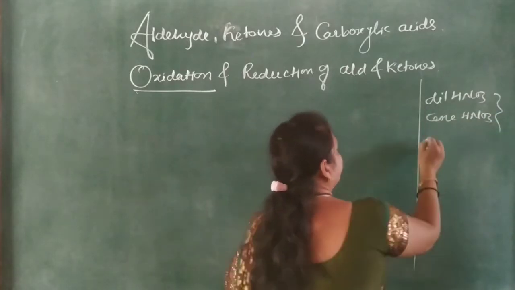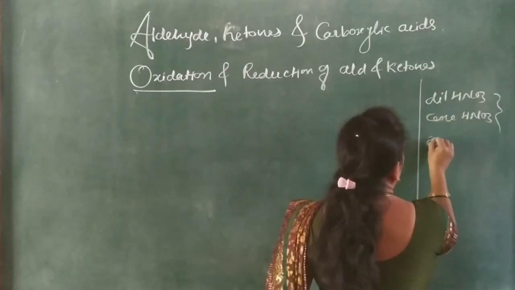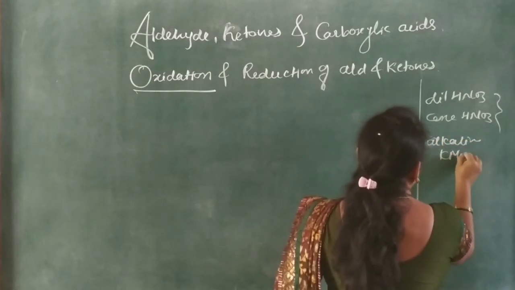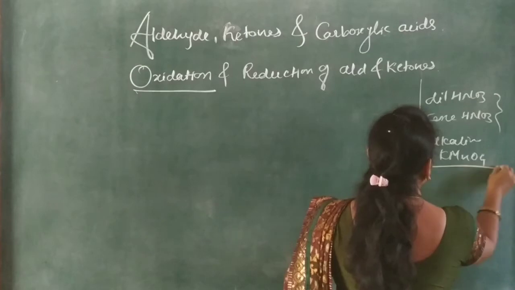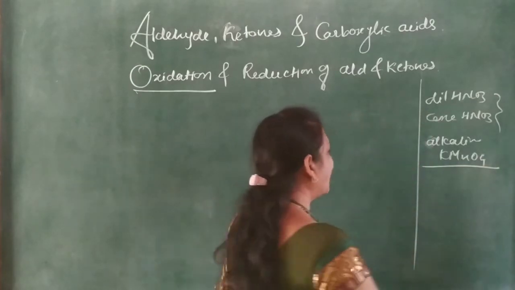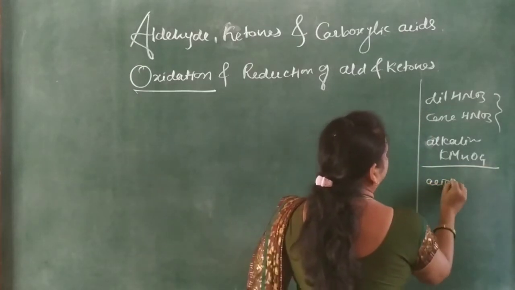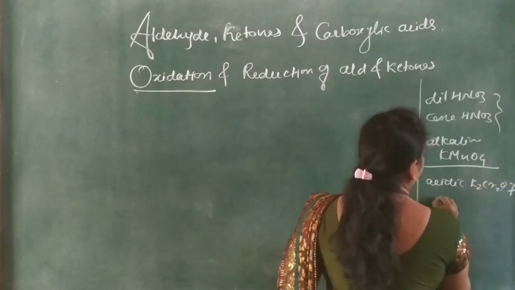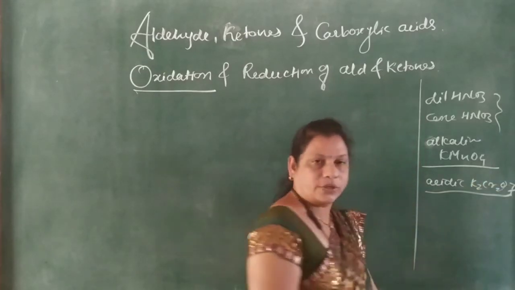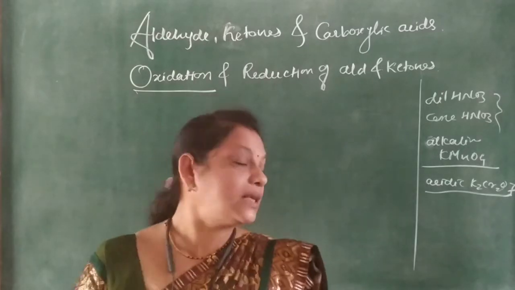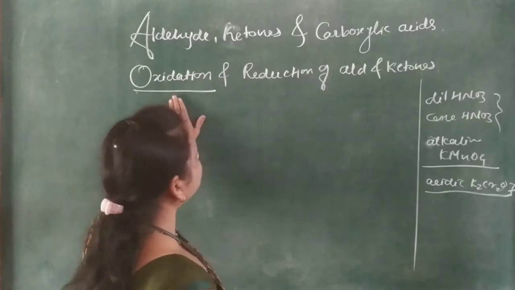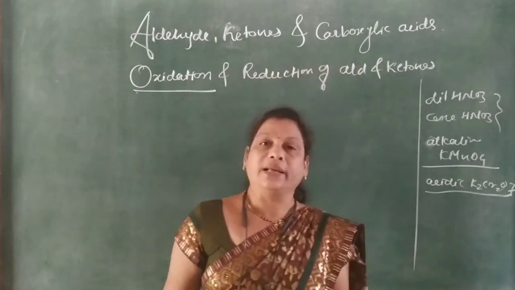Next one, that is alkaline KMnO4 solution. So this is a strong oxidizing agent. And then acidic potassium dichromate solution, meaning K2Cr2O7 plus H2SO4. So in the presence of these oxidizing agents, oxidations of aldehydes and ketones are carried out.